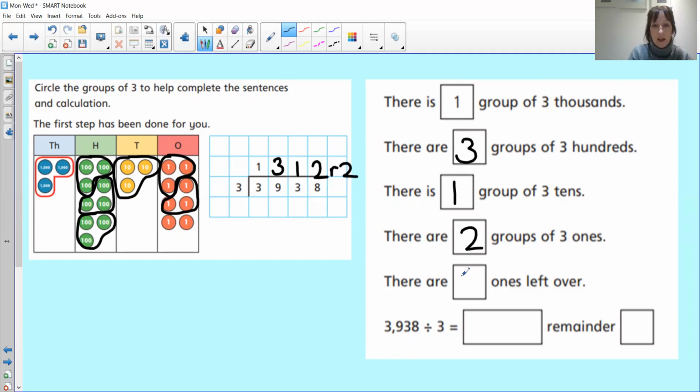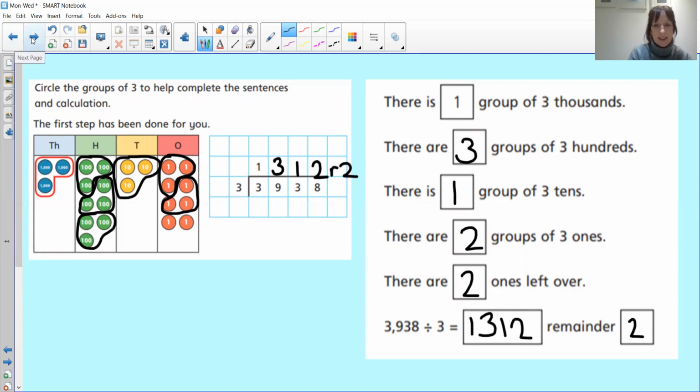And there are 2 left over. So 3,938 divided by 3 equals 1,312, remainder 2. So that's what our remainders are. They're the ones that are left over that cannot be put into the groups of the divisor.